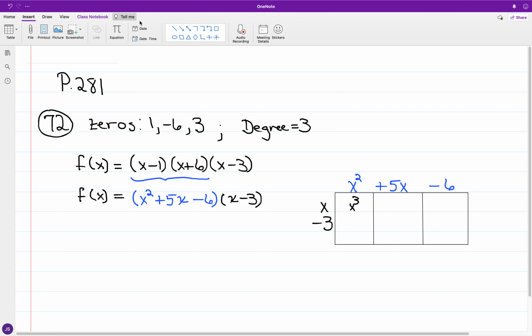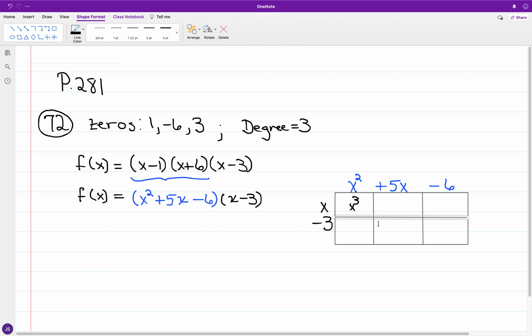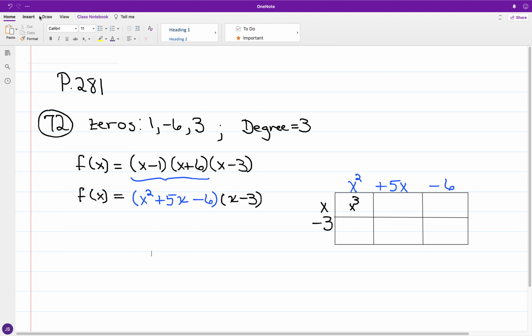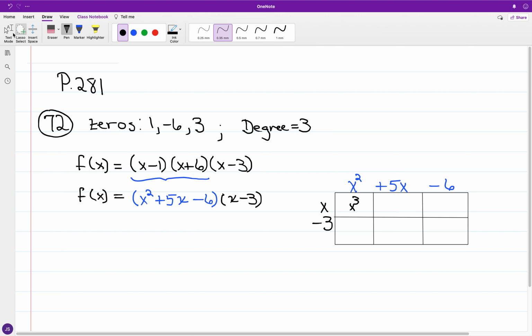And then we have -3 times x squared, so in the bottom section we'll have -3x squared.